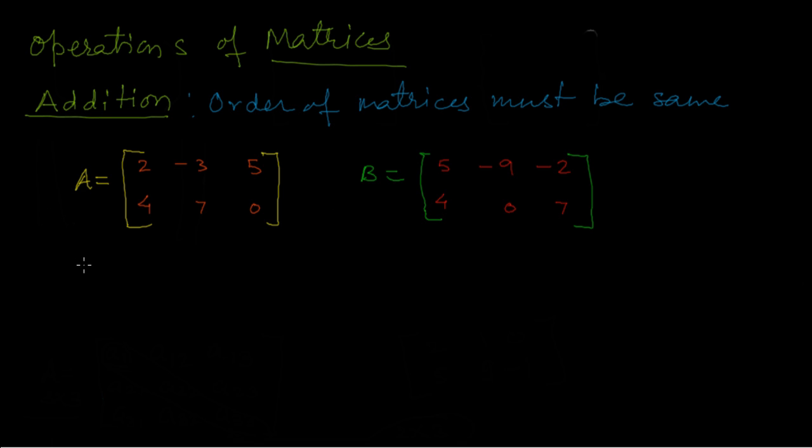So we see matrix A plus matrix B. What we have to do here is add the corresponding elements, the first element with the first element. 2 plus 5, -3 plus -9, and 5 plus -2.